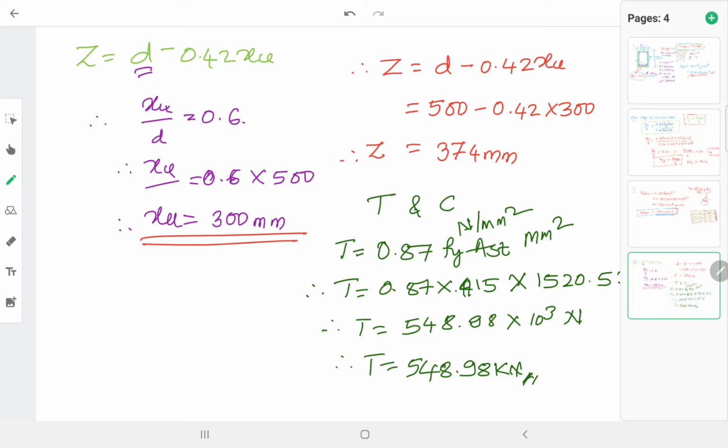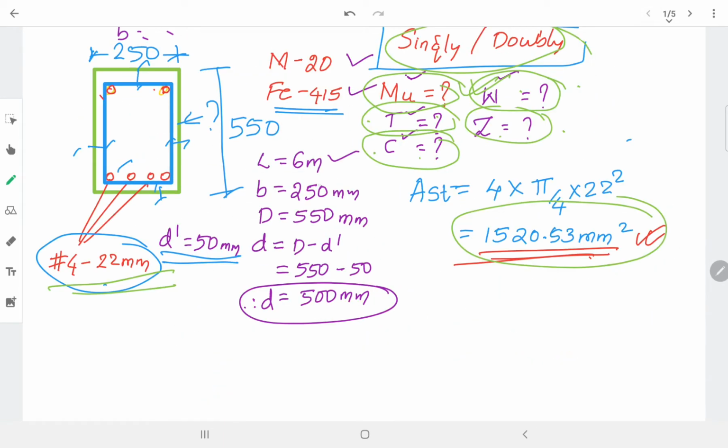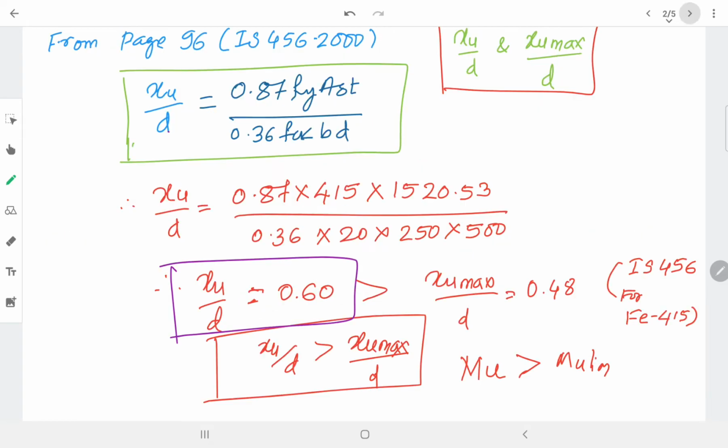Now I'll be calculating the value of C. C is equal to 0.36 fck b XU. 0.36 is there, fck is 20, and b we have already taken as 250 mm.